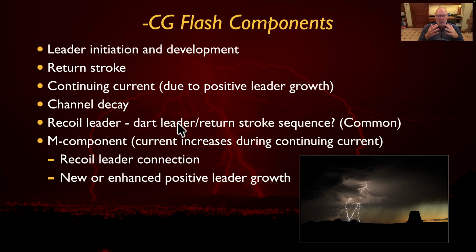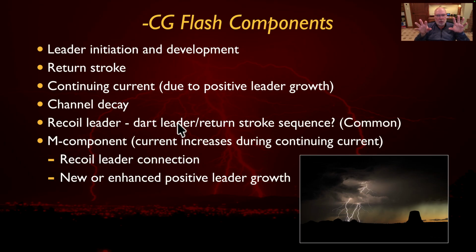Or we can just see that the flash is connected, it's still bright, it's still luminous, and by connected I mean the upper leader is growing. It's not connected to anything because it can't connect to anything in the cloud. The cloud charge is not a battery that you connect to and then run current through. It's charge that's on hydrometeors that are fixed.